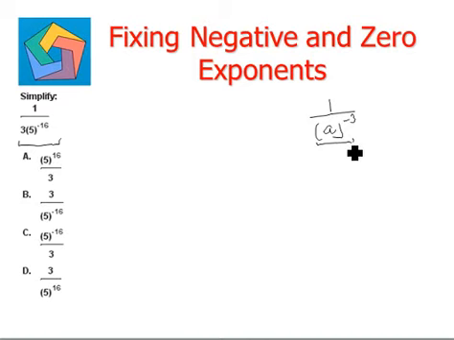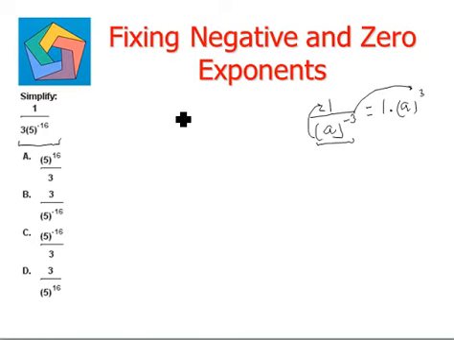That is, if I move a to the power of negative 3 to the numerator, this would become 1 times a to the power of positive 3. So we see, by simply moving from the denominator to the numerator, the negative exponent becomes positive. We'll be using this rule in the questions to simplify them.